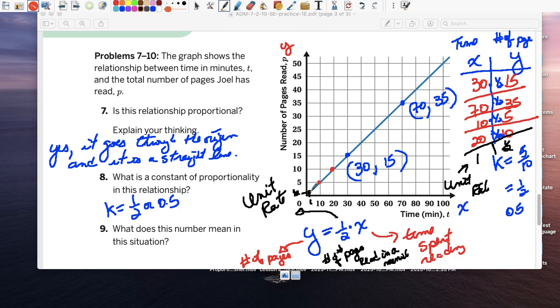And on the graph, here's my unit rate. 1 minute, he reads half a page. Remember this is the x and this is the y, so the x coordinate represents the number of minutes and the y coordinate represents the number of pages. So that's exactly what question 9 is.